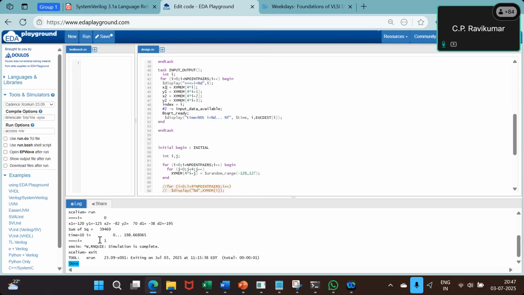At one stage, it was only doing up to I equal to 0, and then I did something and it started going from I equal to 1.